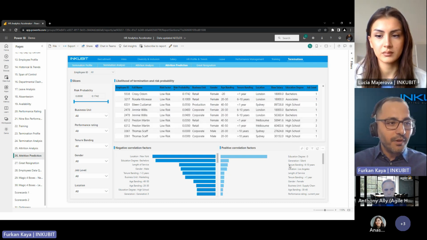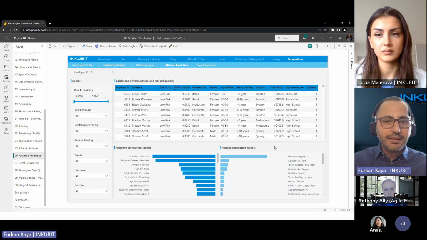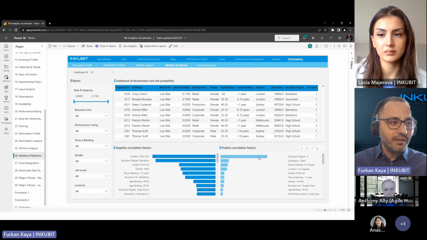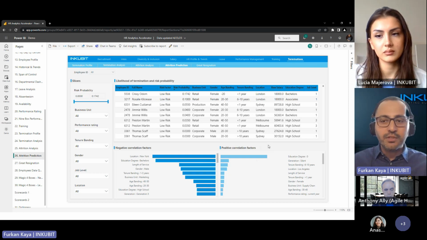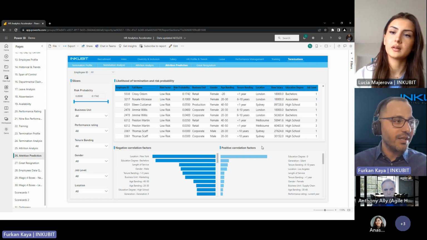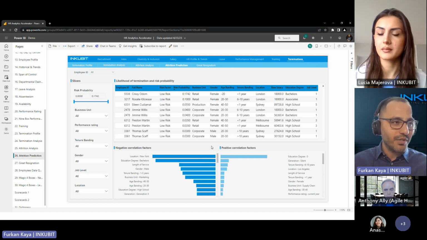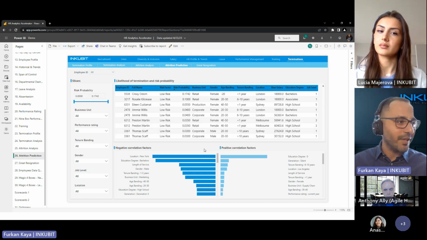So we dug deeper and checked this with the client, and the client realized that there were certain issues happening in that division, and they were able to react immediately. And instead of losing 20 colleagues in that division very soon, it was totally turned around, and they were able to keep retention at higher percentages and make data-driven decisions thanks to this application.